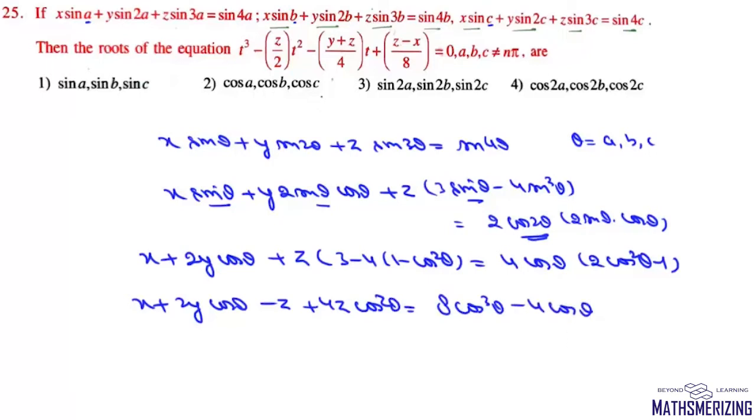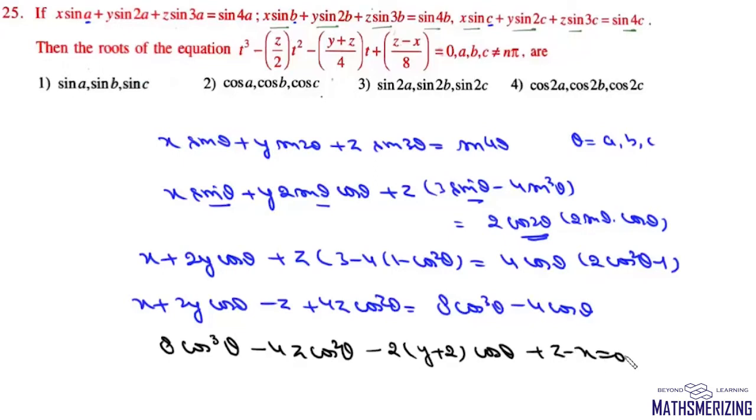So we can rearrange this equation as 8 cos cube theta minus 4z cos square theta minus (2y plus 2) cos theta plus z minus x equals 0.